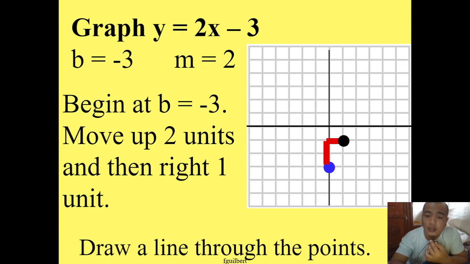So draw a line through the points. This is now the graph of the equation y equals 2x minus 3. So that's how we graph a line given its slope and y-intercept from the slope-intercept form of the equation of a line.